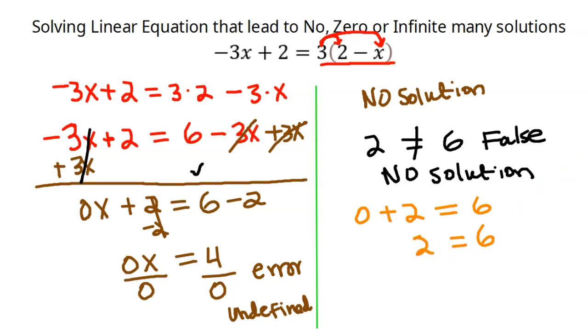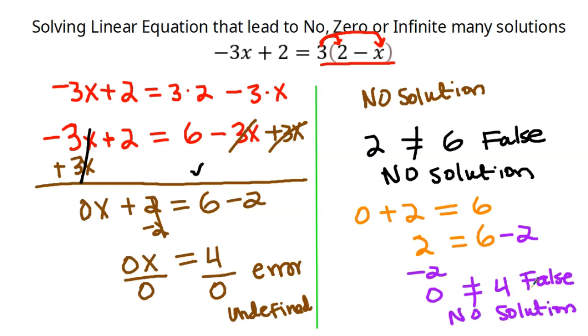So you subtract 2 here and subtract 2 here. You get 0 equals 4. Here too, 0 is never equal to 4. Here is also a false statement, and here it makes it no solution. So these are the possible ways that you could solve this equation, by whichever way you come to no solution.